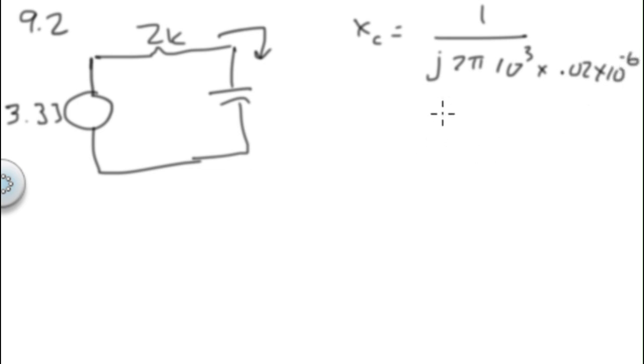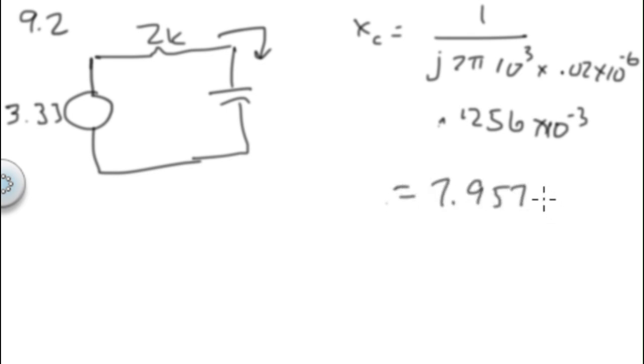So our answer is 2 times pi times 0.02, or 0.1256 times 10 to the minus third in the denominator, and it is the inverse of that, or 7.957 times 10 to the third, or K ohms, and with a minus j in front of it.